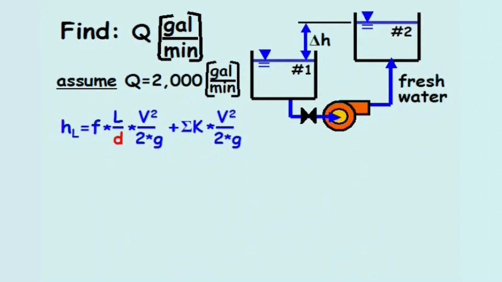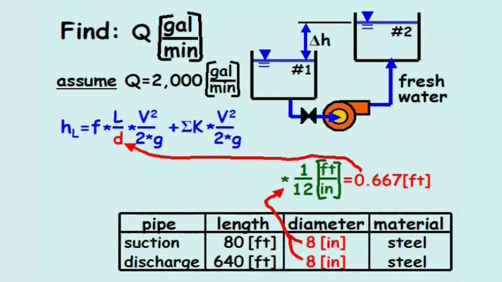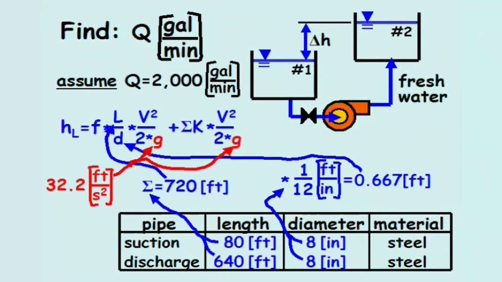In the head loss equation, the problem statement provides the diameter as 8 inches, or 0.667 feet, through both suction and discharge pipes. We also know the total length of pipe is 720 feet, as well as the gravitational acceleration, g, equal to 32.2 feet per second squared.